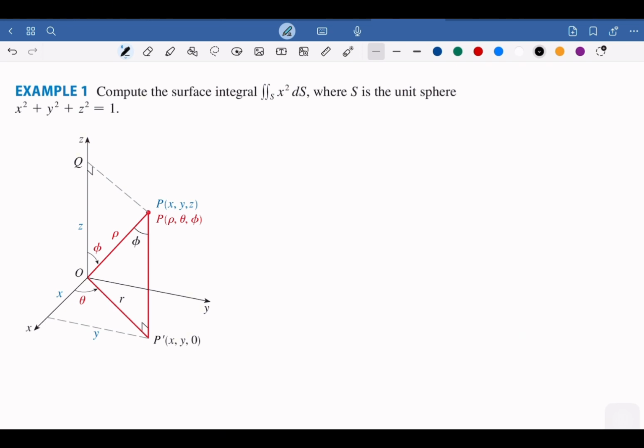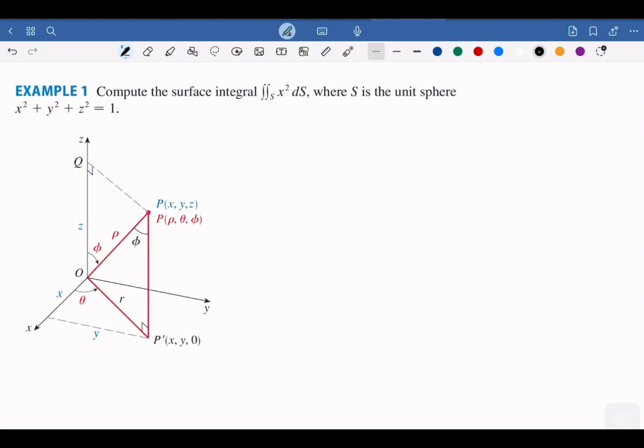So we need to describe what x, y, and z will be. Because the radius is 1, we set rho, the radius of the sphere, to 1, and then we trace all the angles and values for converting to x, y, and z.